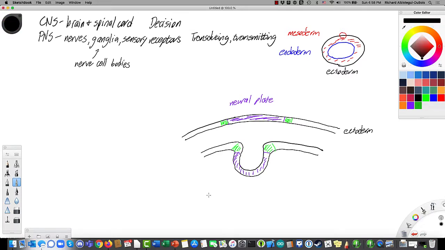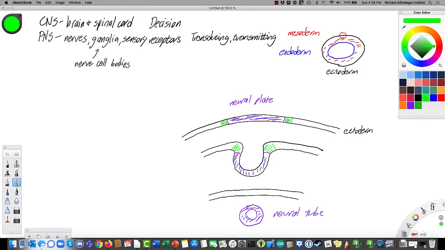And at some point, this just seals off above this, pinching off that neural plate into its own little tube. This is now the neural tube.